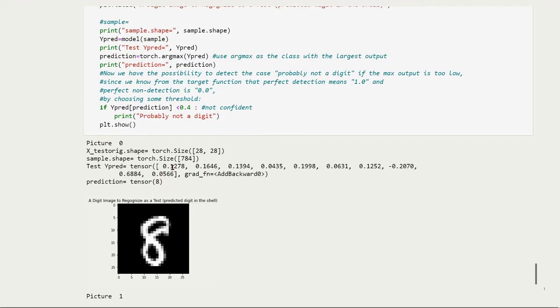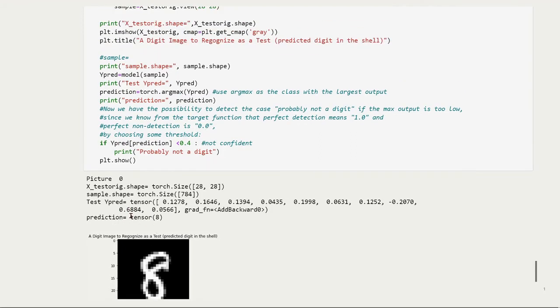We can look here at the values for all the classes, and here is the value for 8, which is the highest value. With the argmax we pick the highest value and predict the correct digit.